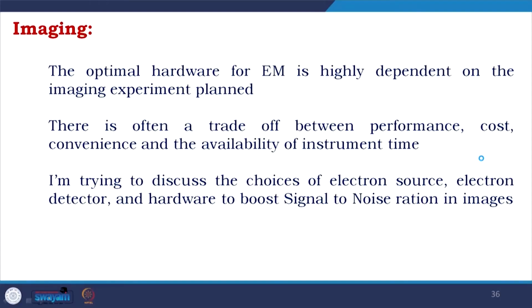Here I am trying to discuss the choices of electron source, electron detector and hardware to boost signal to noise ratio in the images. What is the instrumentation and what is it affecting?